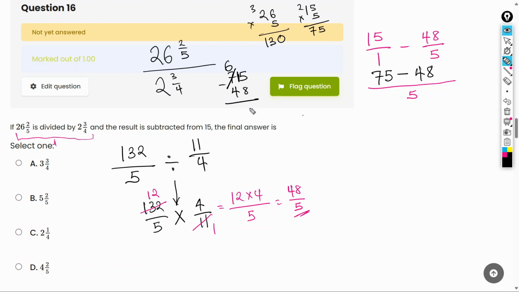Go here, that's 15. 15 minus 8 is 7. 6 minus 4 is 2. That leaves us with 27 over 5.